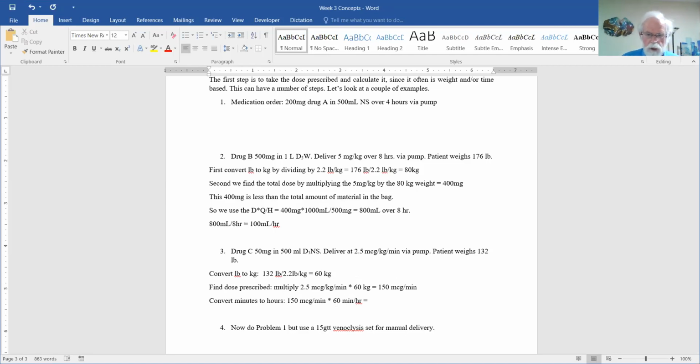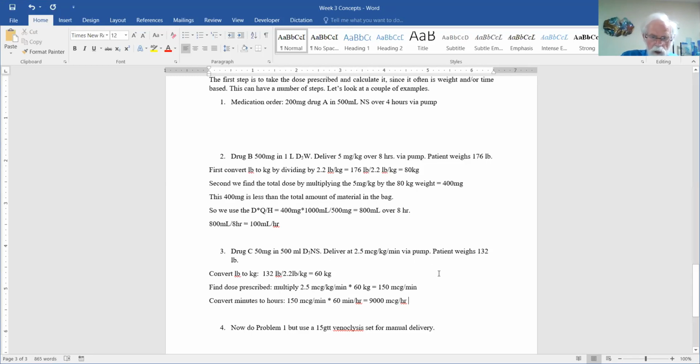So we pull out our calculator. And that's going to equal 9,000 micrograms per hour. Okay. So that's what we come up with for this, 9,000 micrograms per hour.